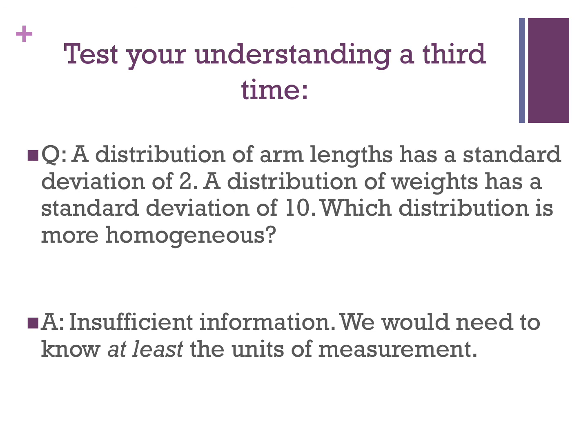The bamboo poles in sample B tend to differ from their mean length by a unit of 10. Which sample has more variability in length? If you picture these two sets of bamboo poles, which sample in your mind appears more varied? You are probably thinking the sample with the larger standard deviation, sample B, is more varied.